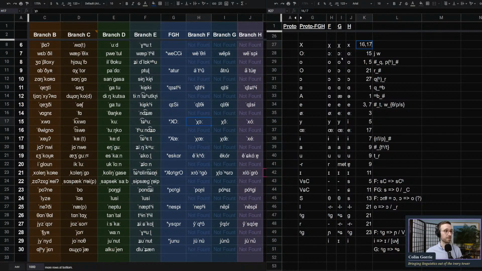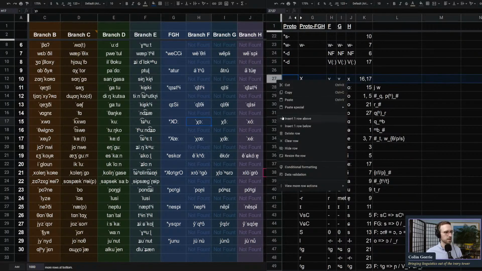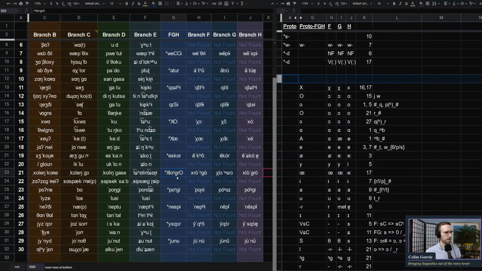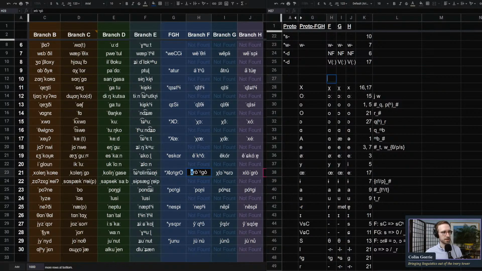Well, actually, we have two of these correspondences. We also have the one in Hlongro, which is, so this is word initial before L, and otherwise it's vowel, word initial before vowel.